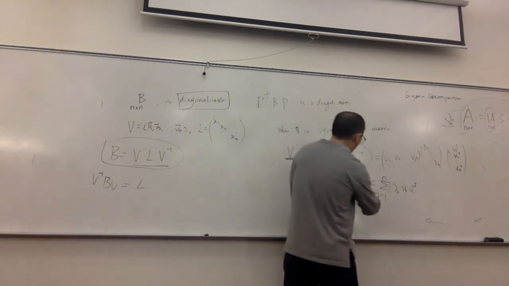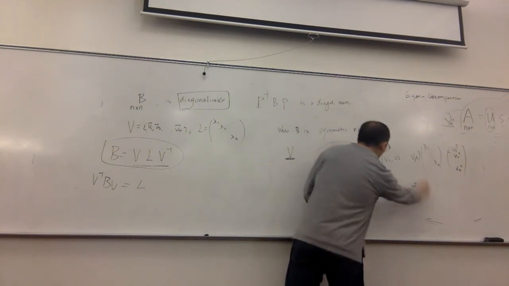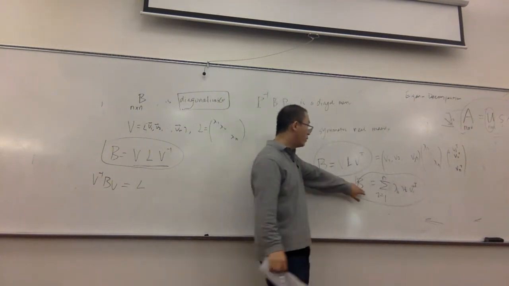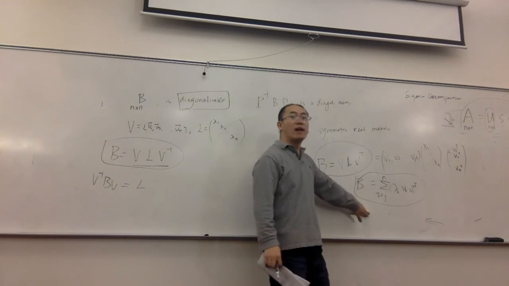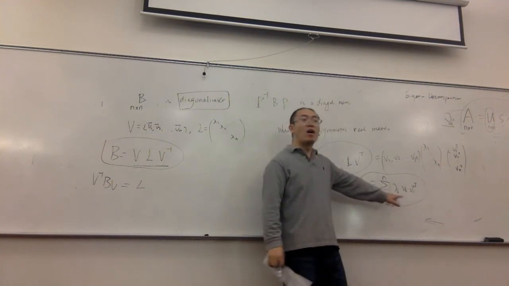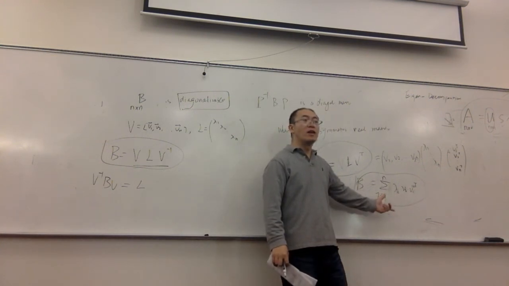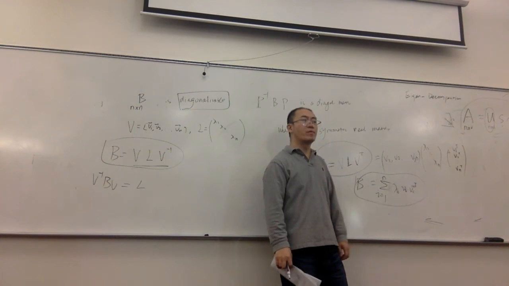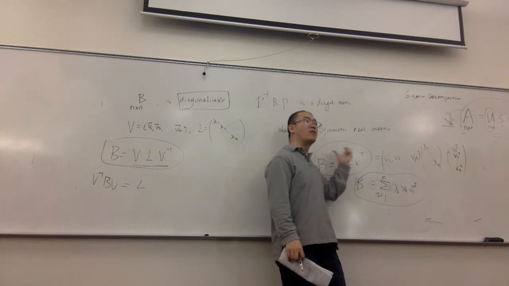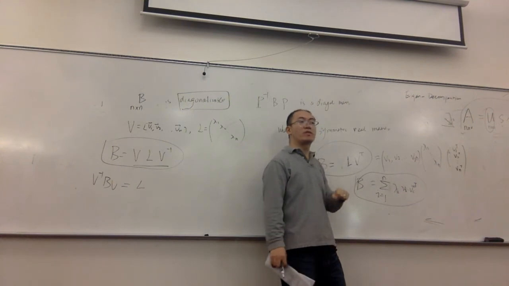So now we can write down our matrix B as a summation of the outer products of the eigenvectors. That's a major benefit of the eigen decomposition form for a real symmetric matrix.